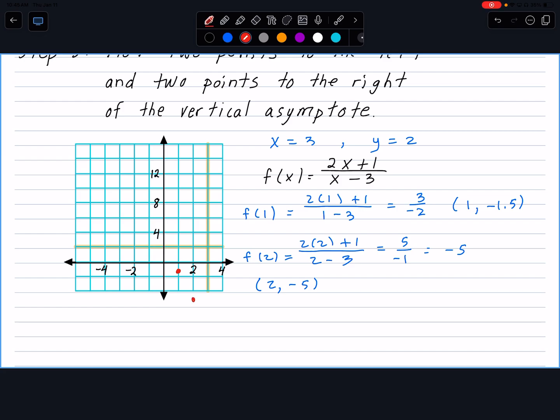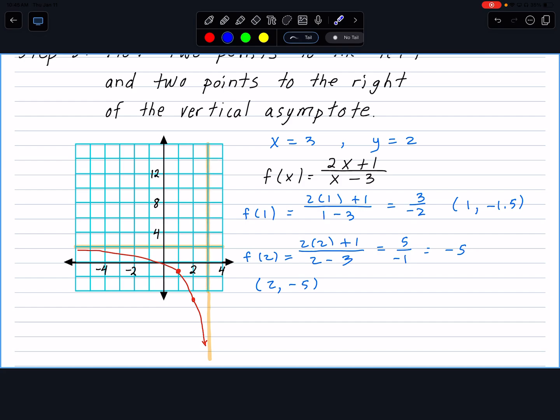So that left-hand branch hugs the horizontal asymptote and passes through our 2 points. I'm just going to extend that vertical asymptote a little bit, and it's going to hug that vertical asymptote. I'm then going to repeat the process on the right-hand side. Again, that vertical asymptote is at 3.